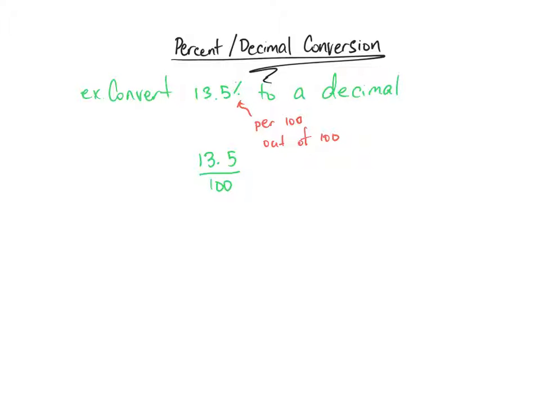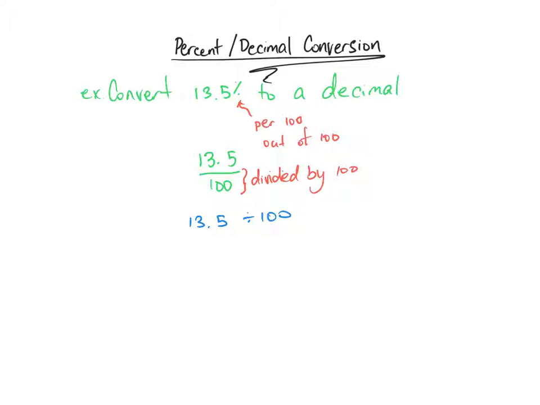But here's the thing. Over 100 is the same thing as saying divided by 100. So it's really 13.5 divided by 100. You may recall that when you divide by any power of 10, you don't have to use a calculator.